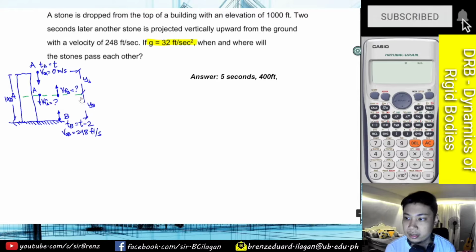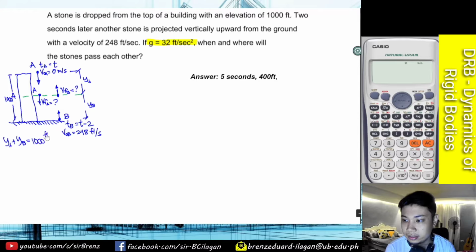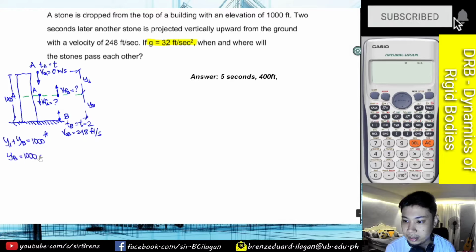So YA plus YB is equal to 1,000 feet. Clear? And if you solve for YB, we can say that it is 1,000 minus YA. Let's write this to reduce the unknowns, relating the two.